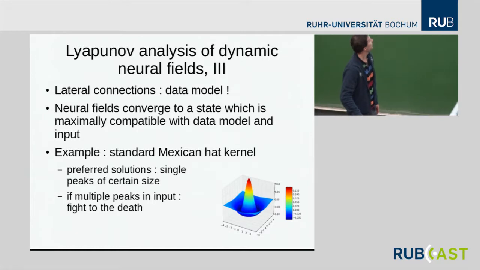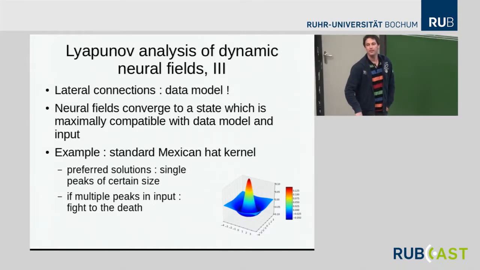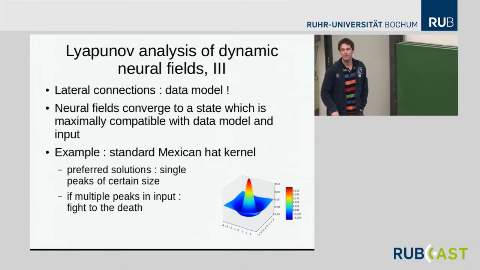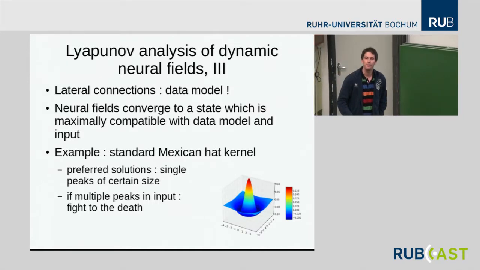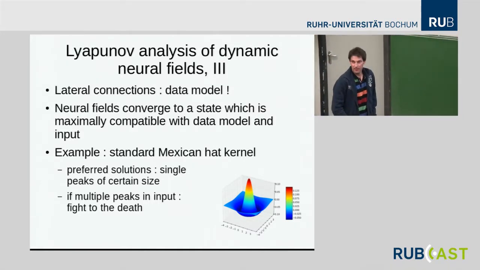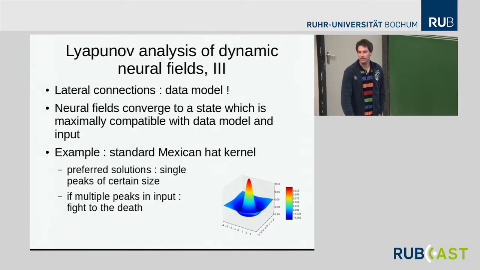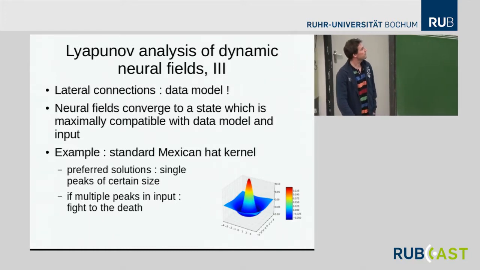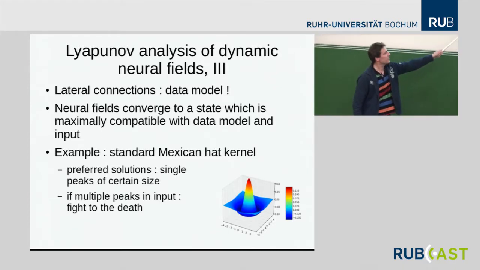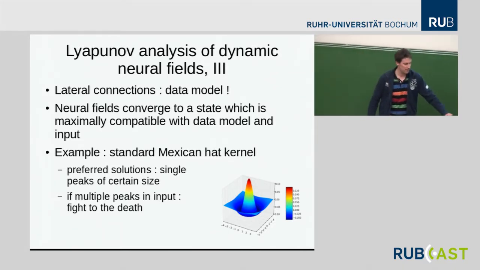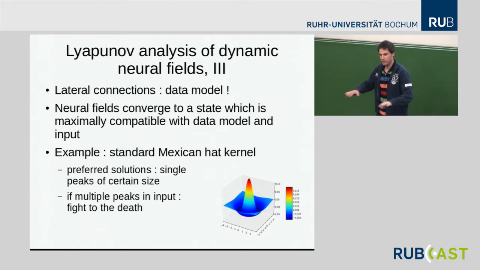So now we have seen in this equation the second term, the similarity to the self-interaction. This is actually the term that more or less drives what the field does, and it will evidently depend on the lateral connections. So usually when you do neural fields, you use this kind of lateral connections, which is the standard Mexican hat profile with a global inhibition.